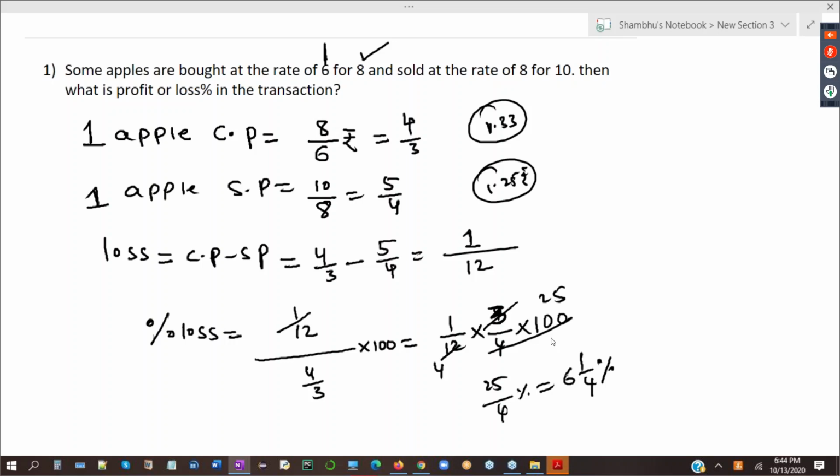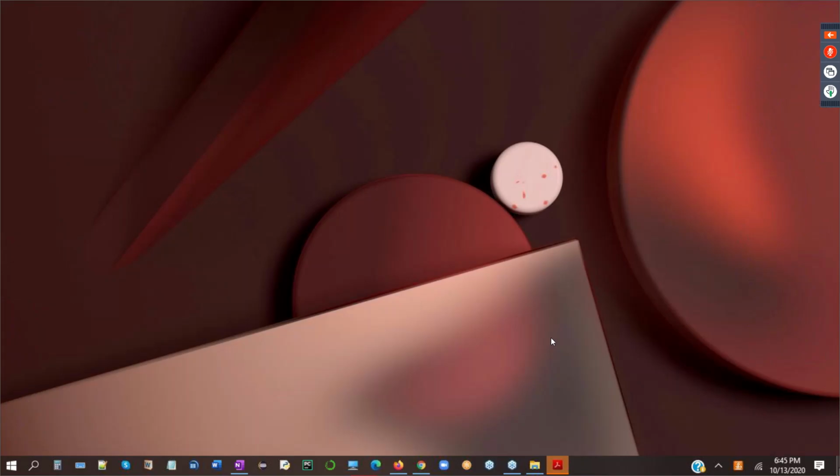Any doubt, anyone? So keep in mind, if you come across this type of question, when some items, some amount at buying time and at selling time again this many items, this many rupees, you find out individual one item CP is what, individual one item SP is what, and accordingly find out there is profit or loss.